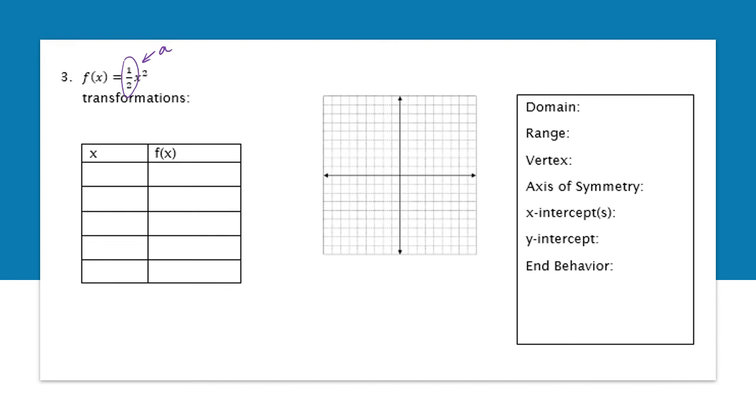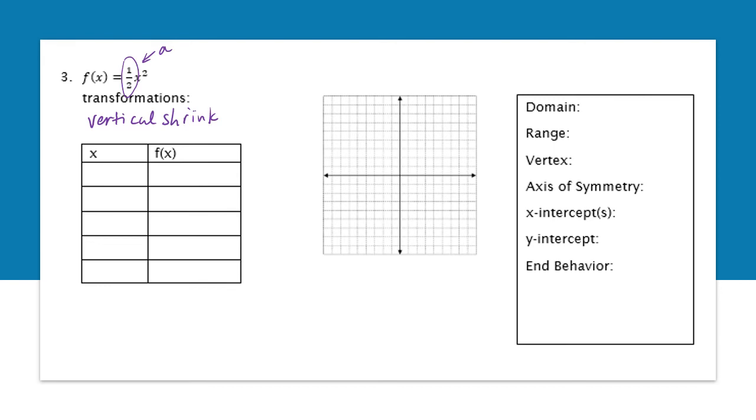And because 1/2 is less than 1, this is going to have a vertical shrink. And what that's basically going to do is make the graph look wider than the original graph. It's going to make it look like somebody took the graph and shrunk it down from the top and bottom. So the bottom part will just look wider.